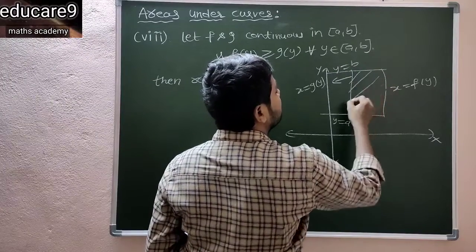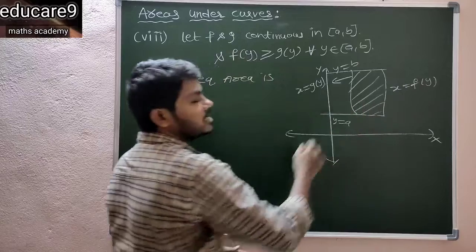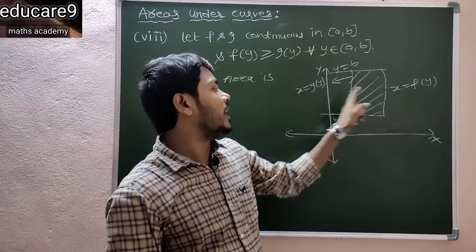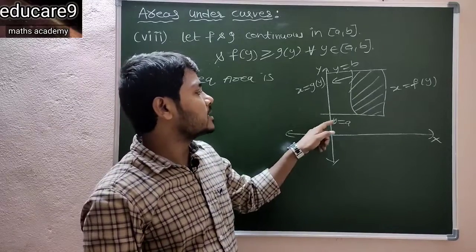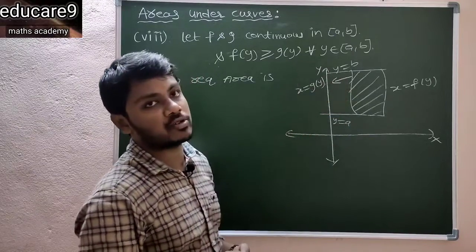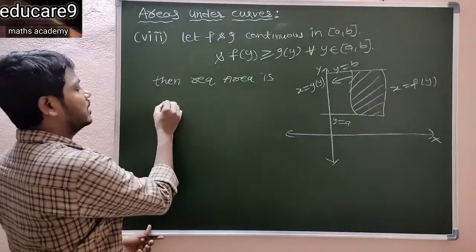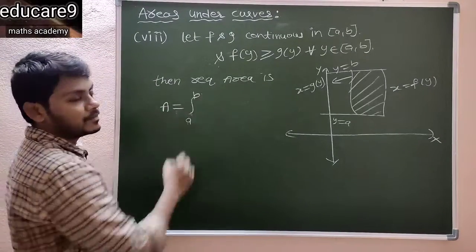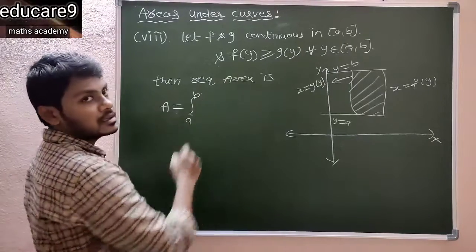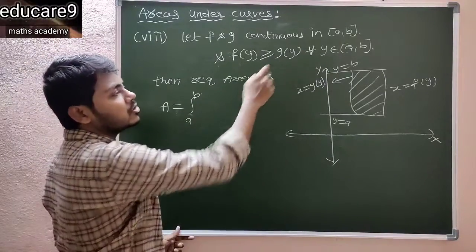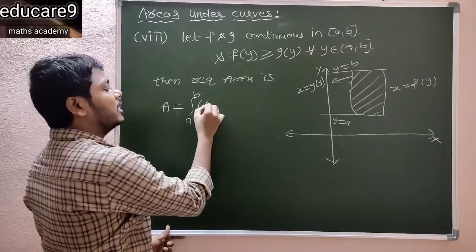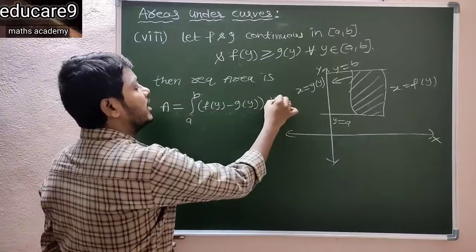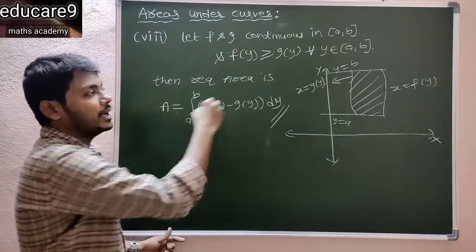So this is the required area, bounded by the curves f of y and g of y and the lines y is equal to a, y is equal to b. A is equal to integral a to b. This can be written as, since f of y is greater than or equal to g of y, write f of y first minus g of y dy. So this is the required area.